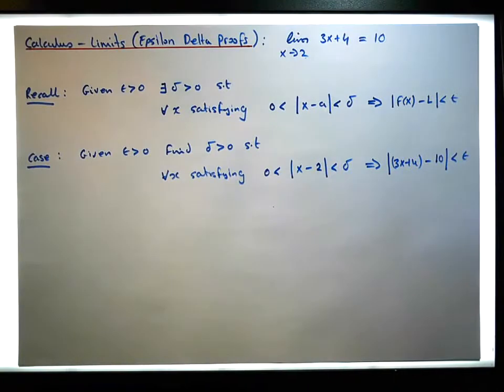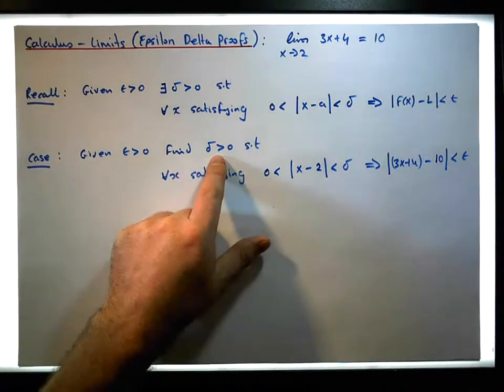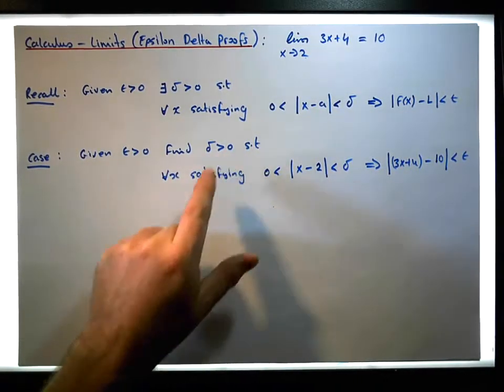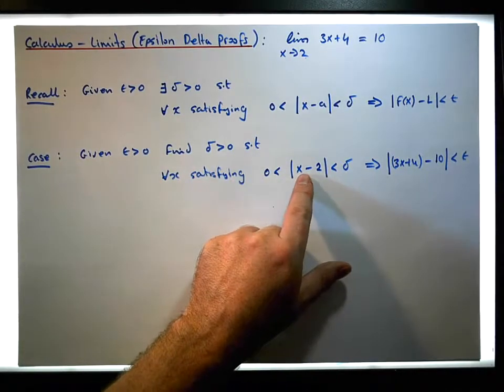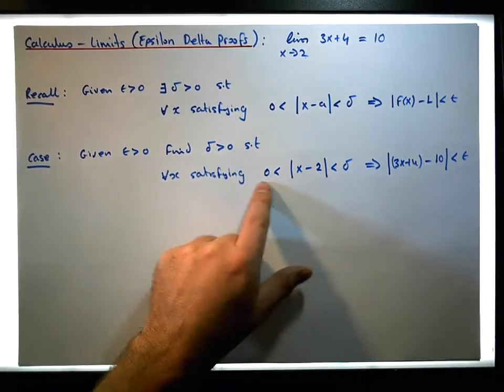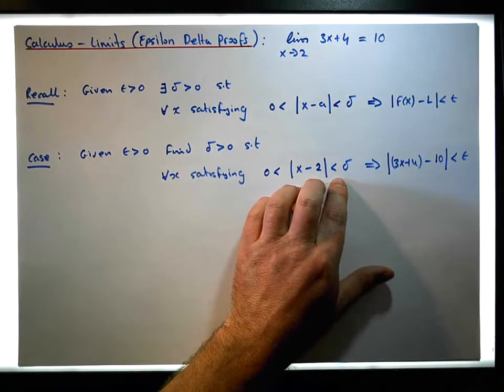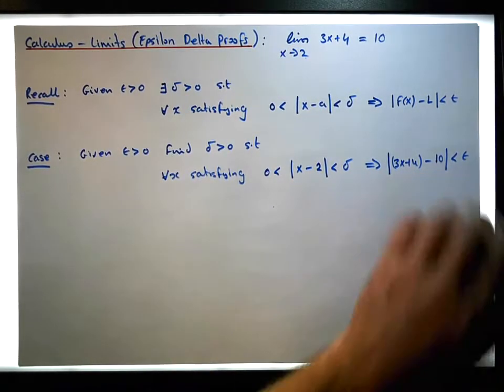So we need to find this particular delta, and this delta has this condition that all x that satisfy this inequality imply this particular fact here.